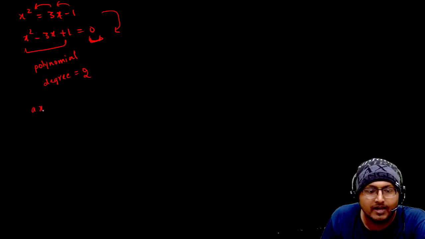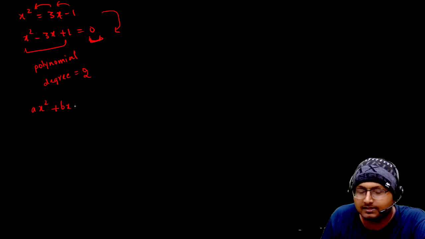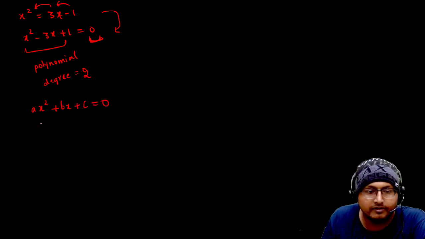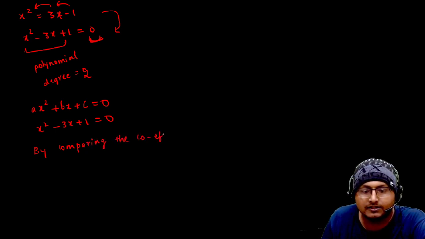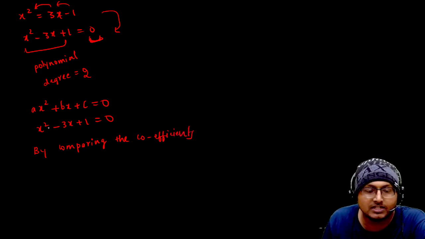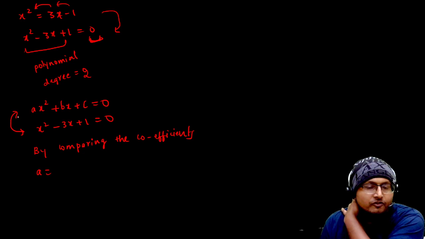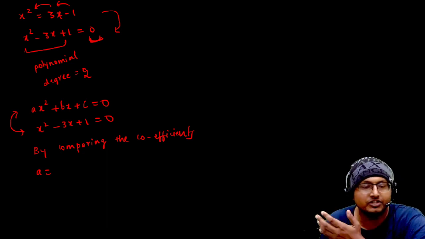What is the standard form? ax square plus bx plus c equal to 0. So we compare that with x square minus 3x plus 1 equal to 0. By comparing the coefficients, we compare the coefficient of x square, the coefficient of x, and the coefficient of x power 0.